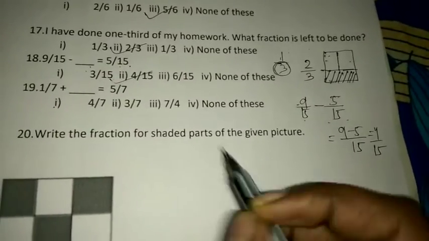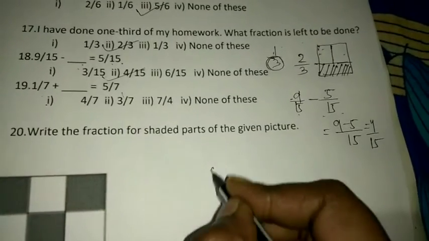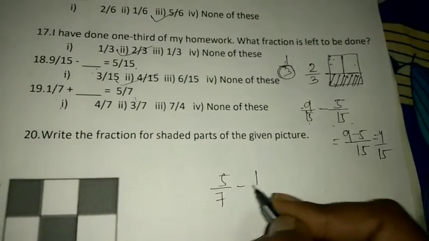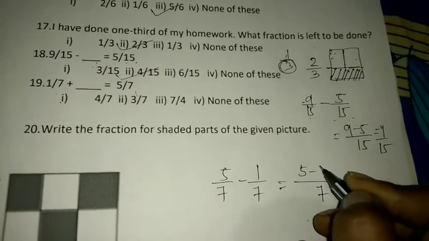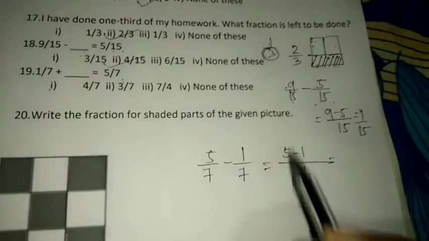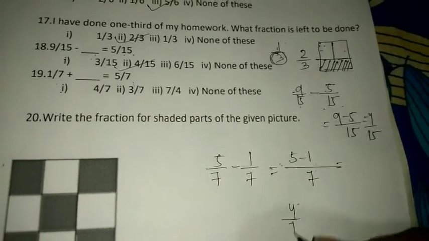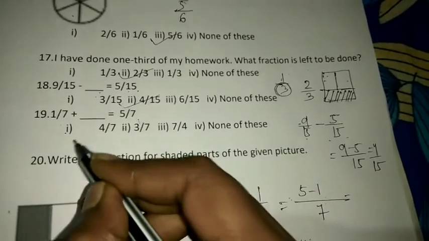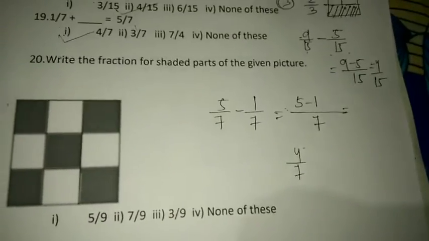In this case, we also have to subtract 1 by 7 from 5 by 7. That is 5 by 7 minus 1 by 7. The denominator is 7. Then 5 minus 1. Like addition, we have to subtract the numerators only. Is equal to 4 by 7. Here option I.